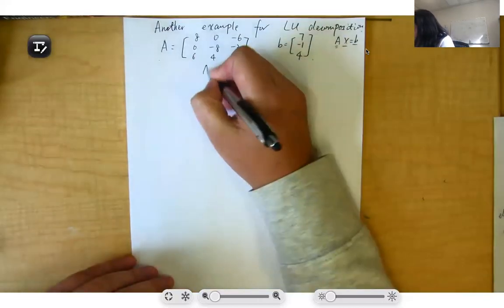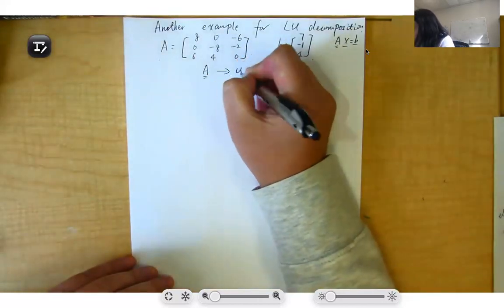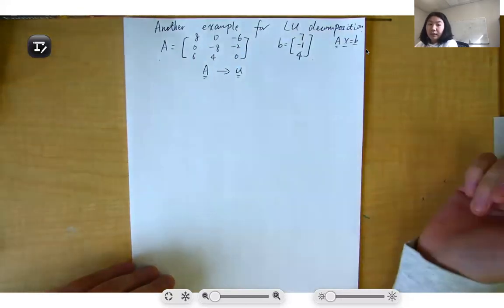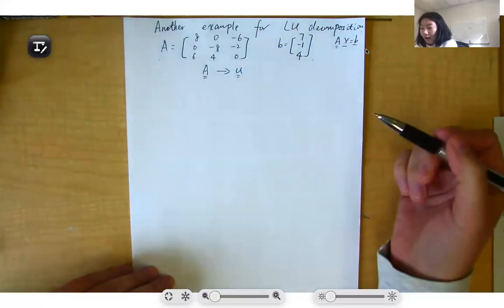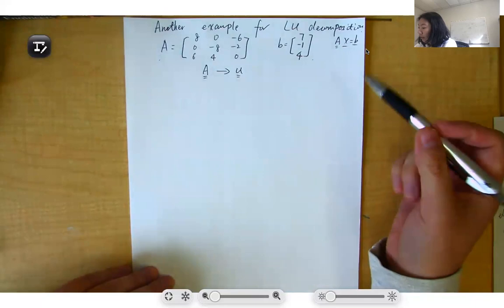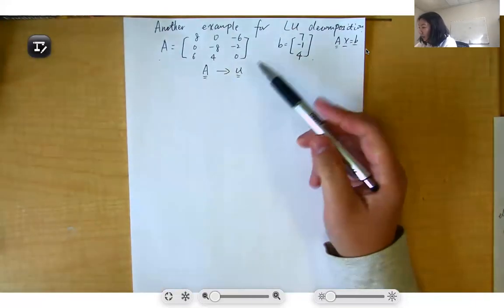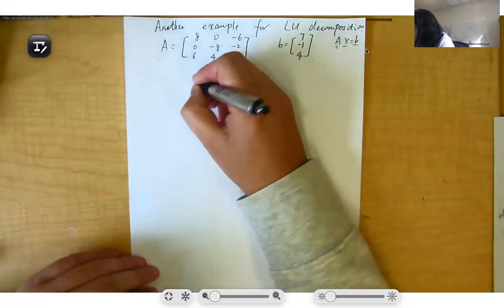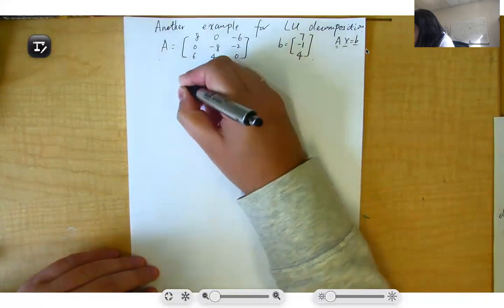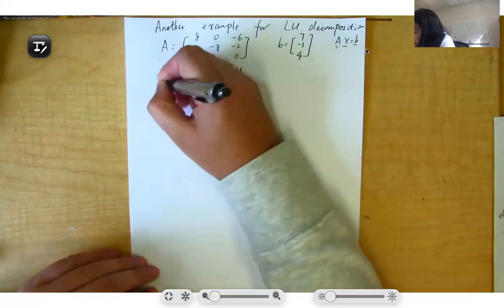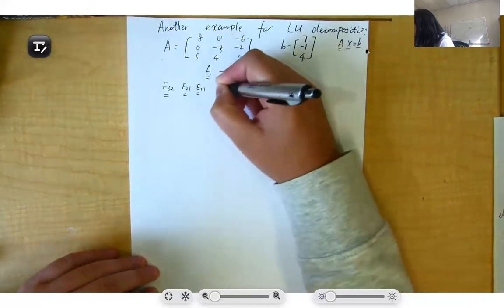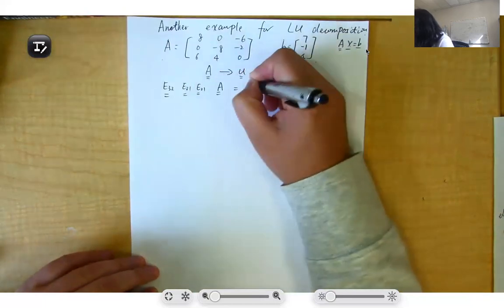Then how to convert this A into U? As we said, we need to apply the elementary row matrices to convert A into an upper triangular. You need to apply E21, E31, and E32 to convert A into U.